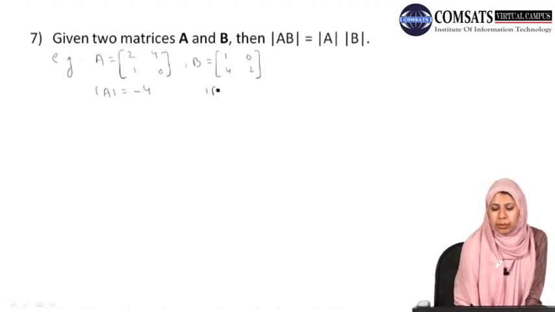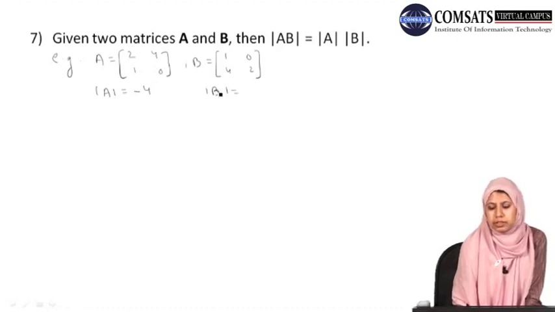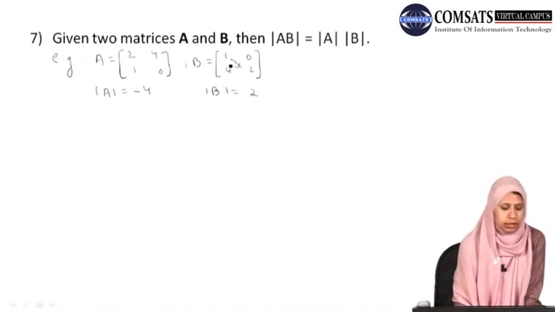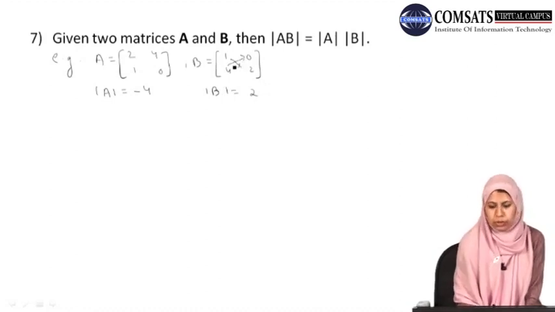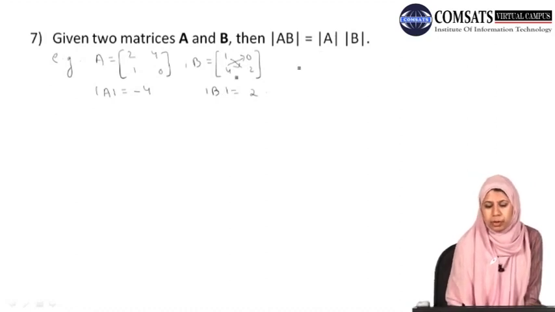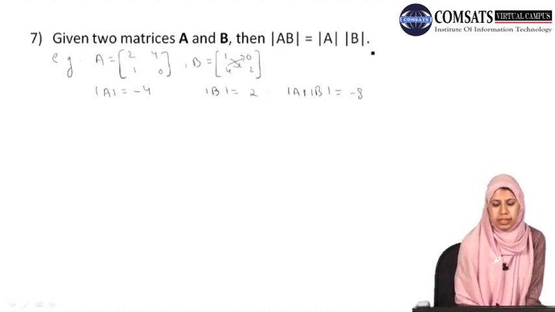The determinant of our matrix B is 2. Simply cross multiplication and the minus. And the product of the determinants, that is the determinant of A into determinant of B, is minus 8. So we have calculated our right hand side.